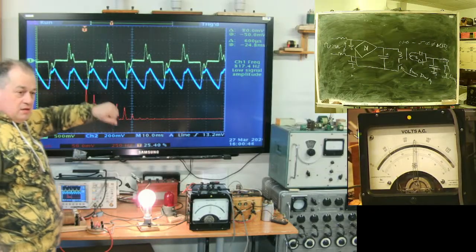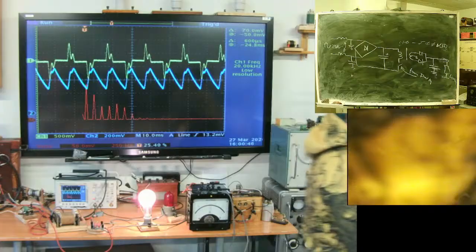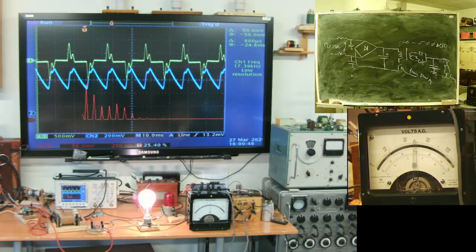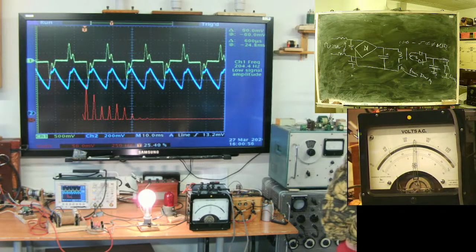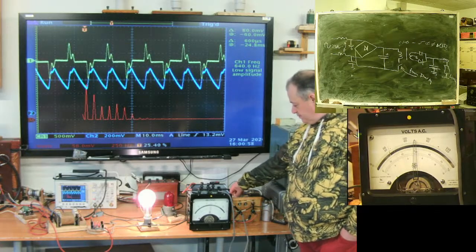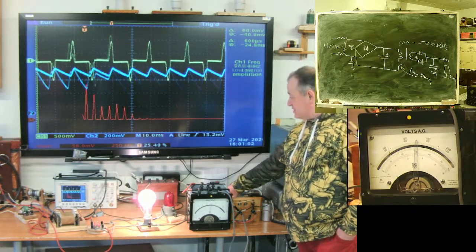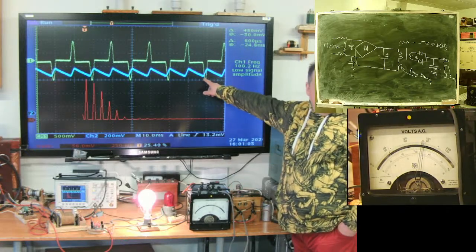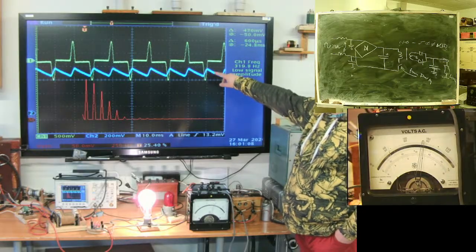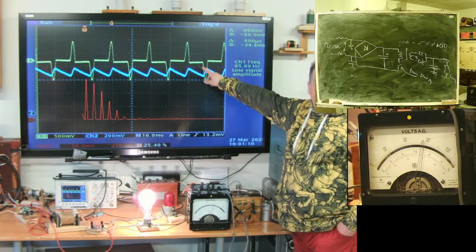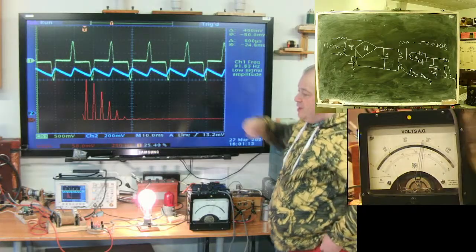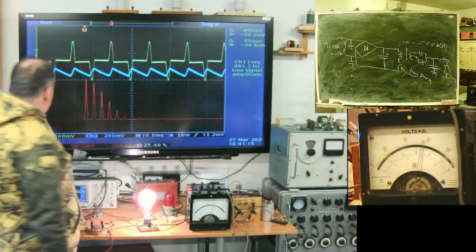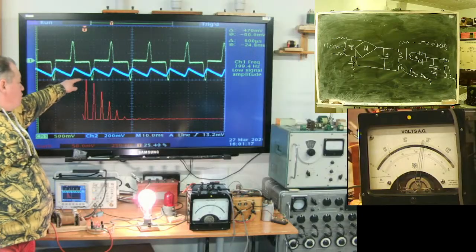Very serious disturbance flows in the network. I can increase the filter. Better filter. You see the voltage increased? It's better, and we see only one current pulse. This way is better, but again, do you see what's going on?